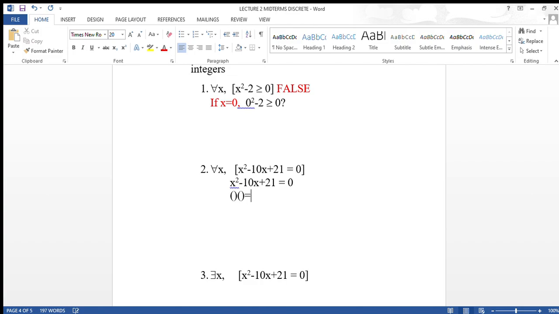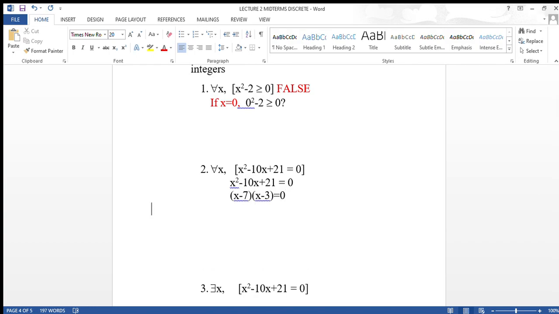We can solve this by factoring. Factors of x squared, of course, we have x and x. Factors of 21, we have 7 and 3 to give us 21. And since we need a minus 10 there, we can have this as x minus 7 and then x minus 3. So if you double check, you have x times x is x squared, minus 7 times minus 3 is positive 21, minus 7x minus 3x is minus 10x.